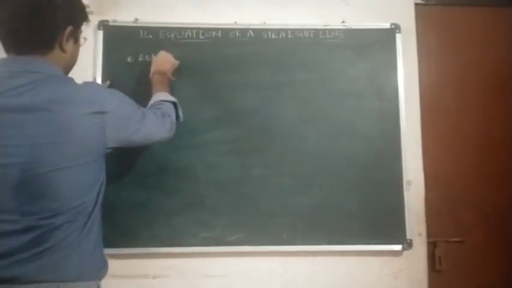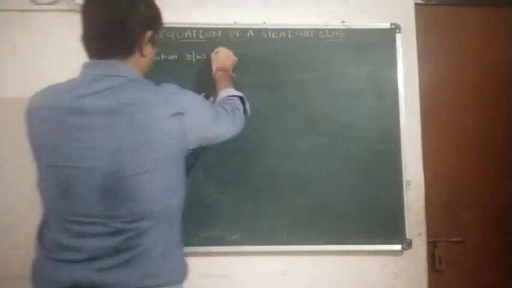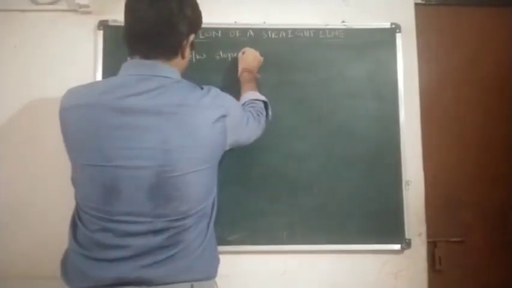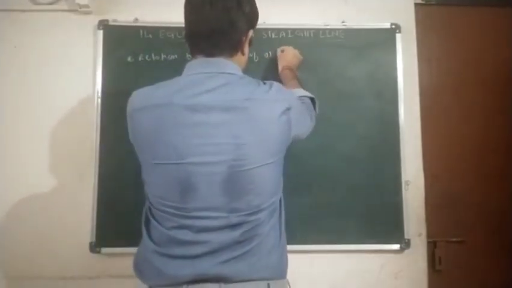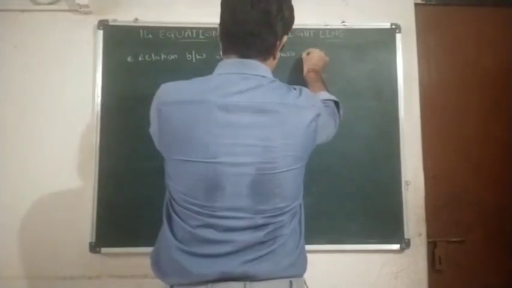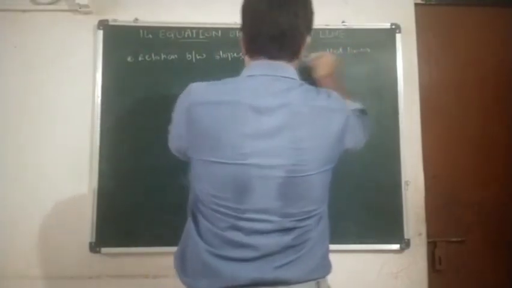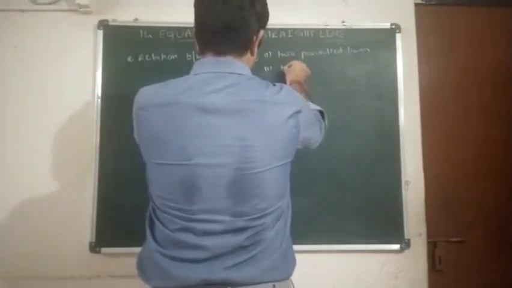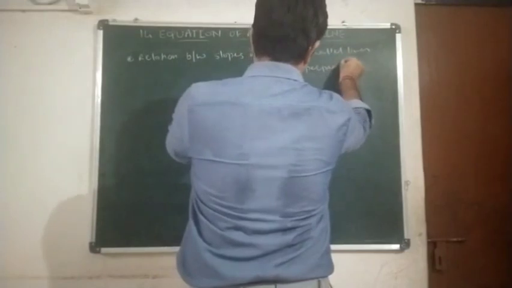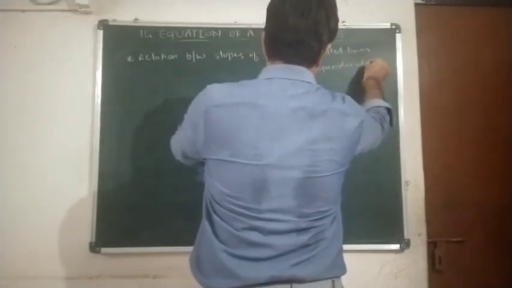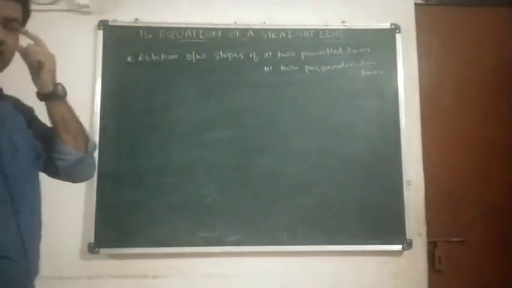Okay, relation between slopes of two parallel lines, and number 2, two perpendicular lines.